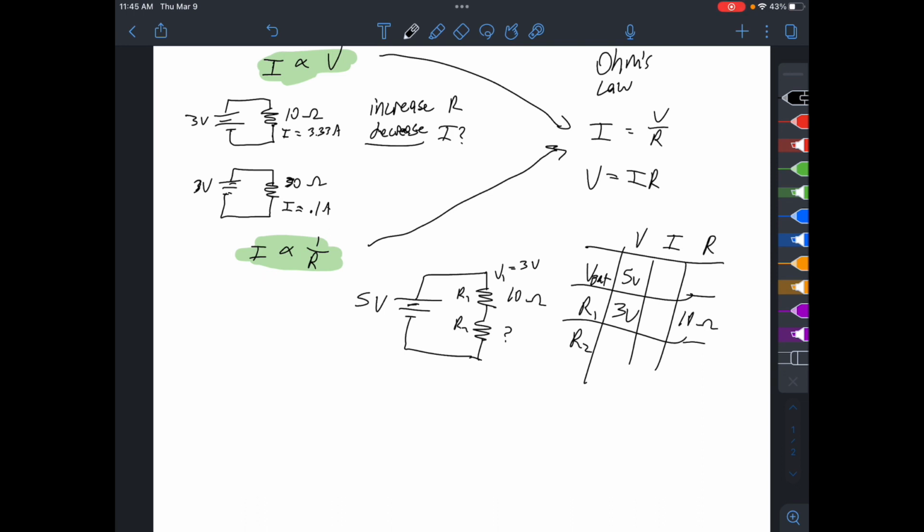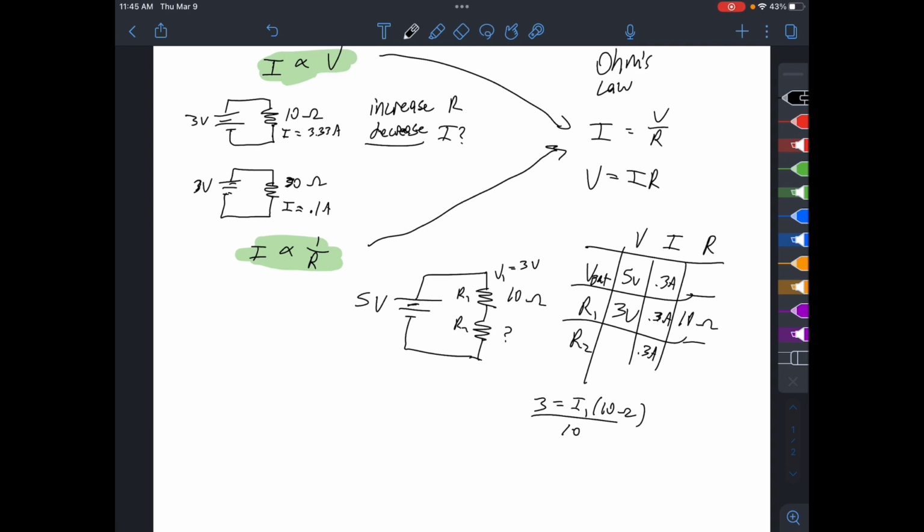V equals IR, so the voltage across resistor 1 is equal to the current across resistor 1 times the resistance of resistor 1. So divide by 10 here, we get 0.3 amps. And as I just mentioned, all the currents are the same. 0.3 amps, 0.3 amps. So those were kind of free for me.